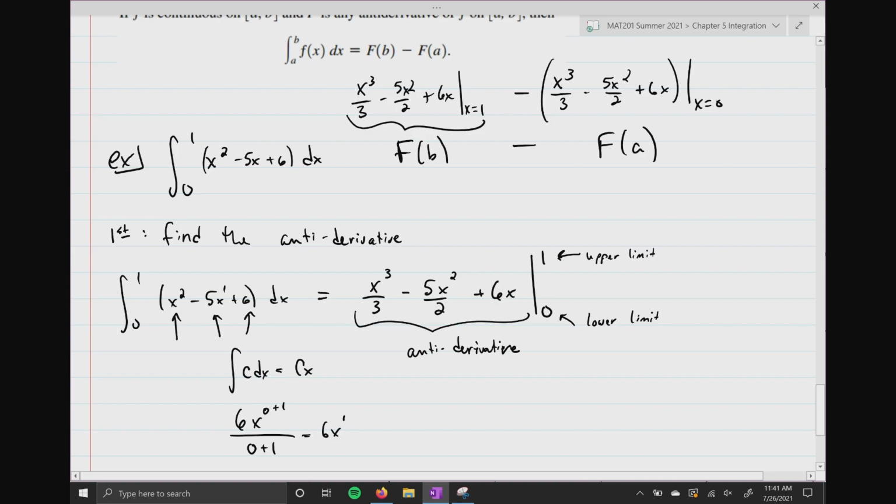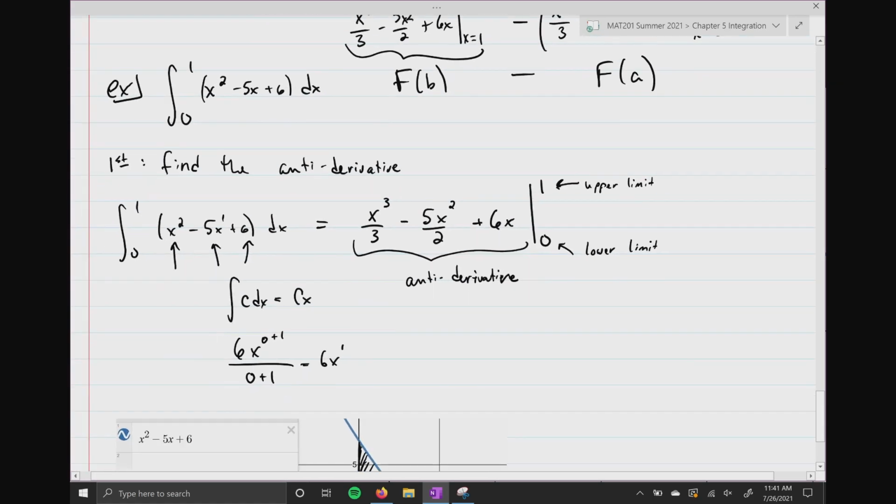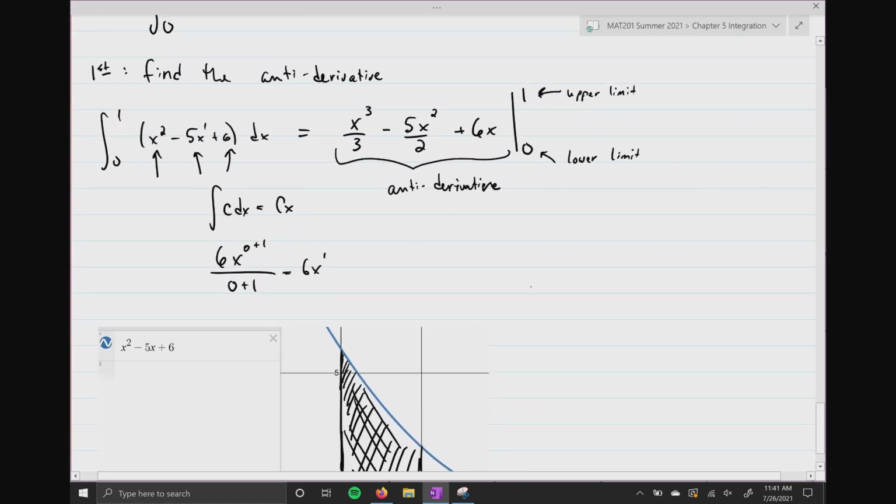It says if you've got a definite integral and you found the antiderivative, you can go ahead and substitute in those limits and tell me exactly what that area is underneath that curve. So for us, this is just going to be 1/3 minus 5 over 2 plus 6, all minus 0. See, what I did is I went into my function.